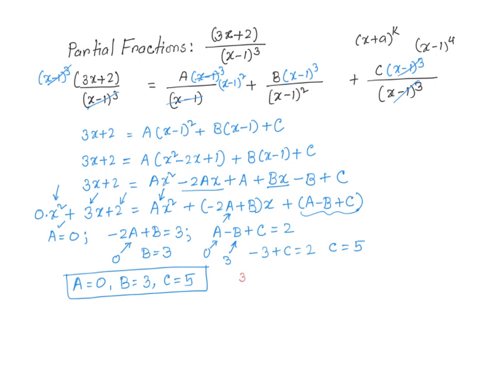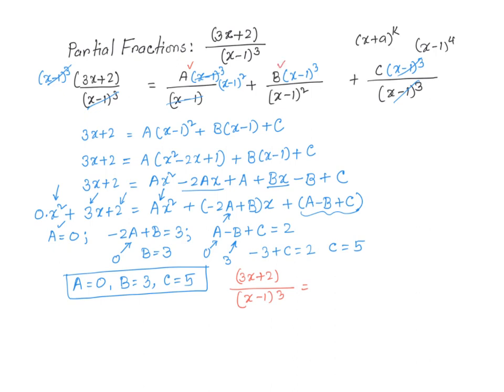So I have 3x plus 2 over (x minus 1) whole cube. The partial fraction of it is going to be A over x minus 1, but A is 0, so we can skip it.